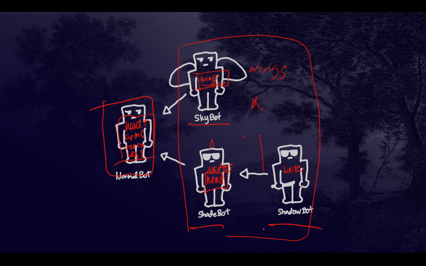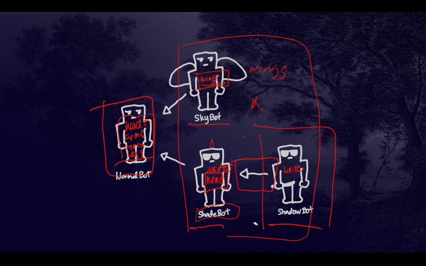You can see this as an example with ShadowBot. ShadowBot is a specialization of the specialization ShadeBot. So for this specific relationship that you see right here, ShadowBot is a specialization of ShadeBot, which is a specialization of NormalBot as well. Through this relationship, ShadowBot is also a specialization of NormalBot, but implicitly.